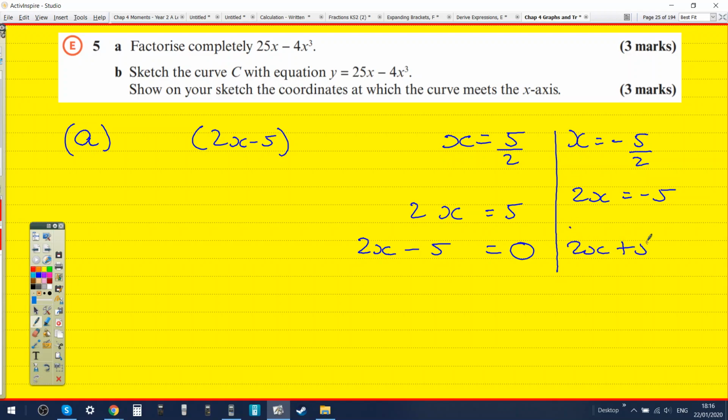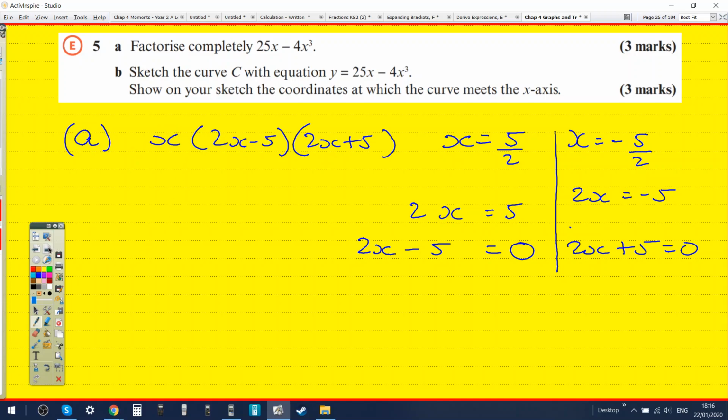So that's the other bracket. What's the other bracket? 2x plus 5. And was that everything? What was the other solution? Just x. Yep. That's it.